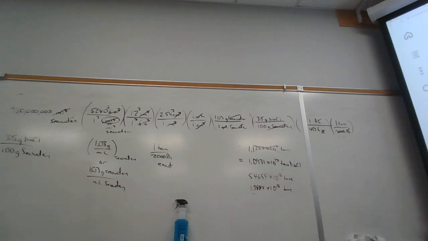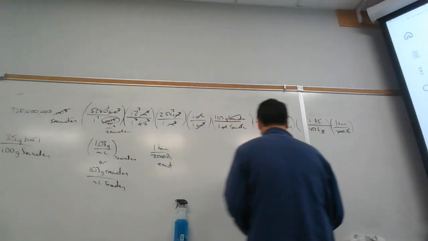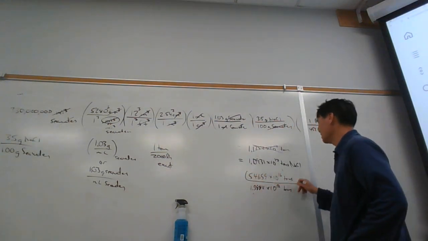I'd redo mine. Probably my calculation, but let me tell you what the book got. The book got 5.5 times 10 to the 16 tons.